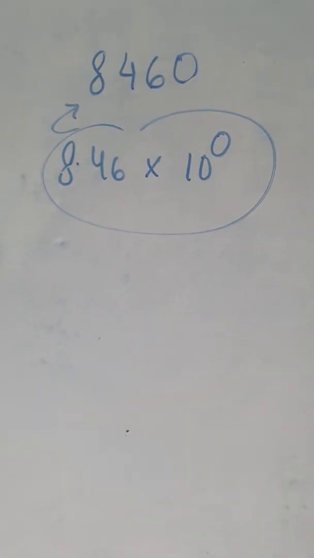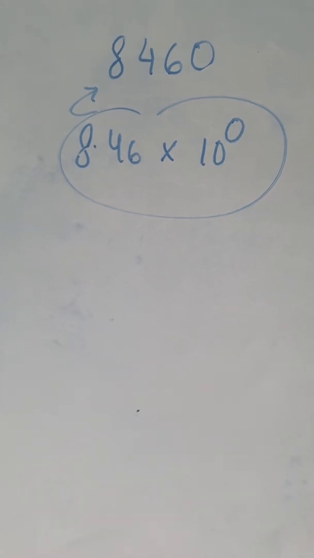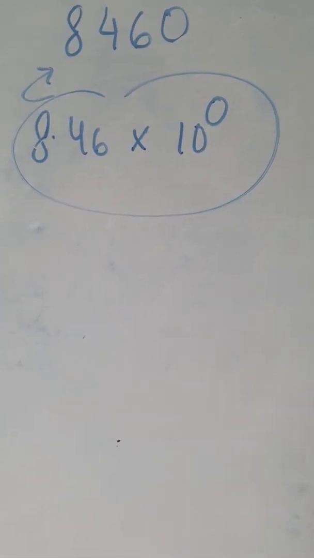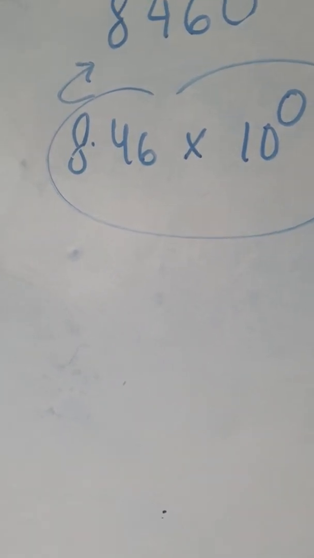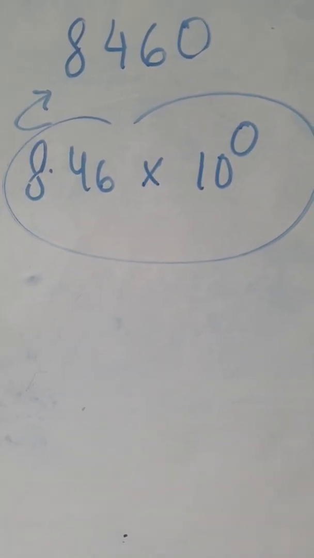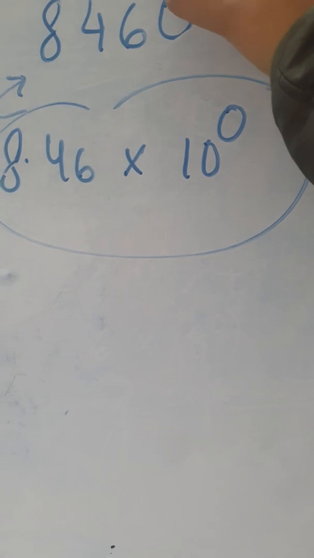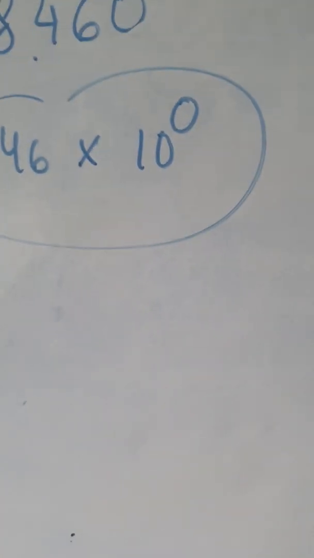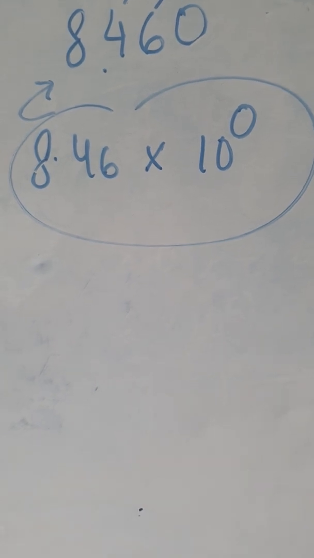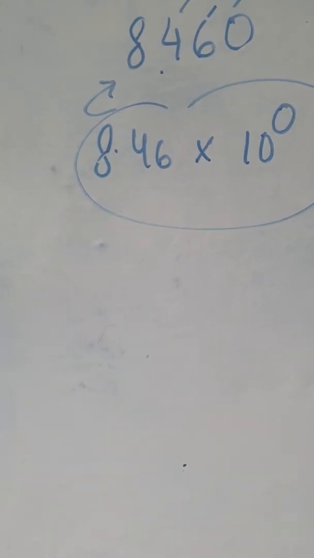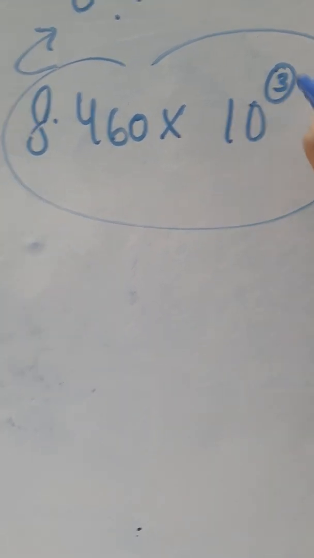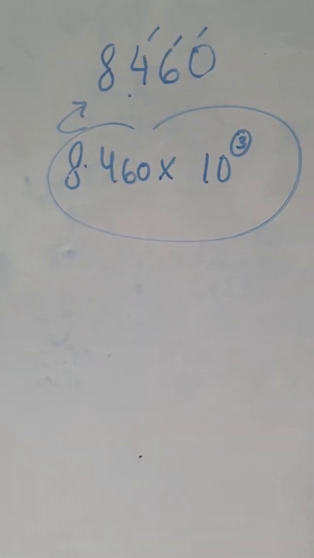The basic idea is this. So 8460. Now we can say that there are 3 digits after 8. So we can say that it is 1, 2, 3. If we want the point here, we need to divide it by 1000. So we are going to write 8.460 into 10 to the power 3.